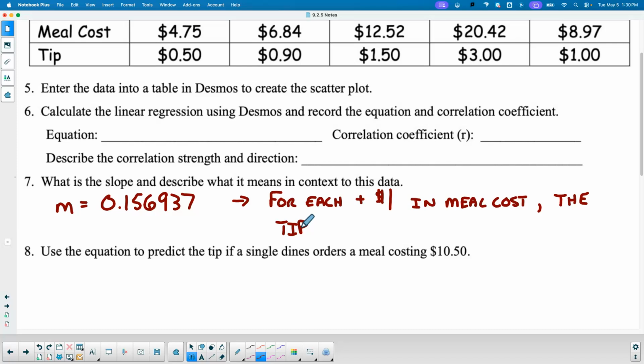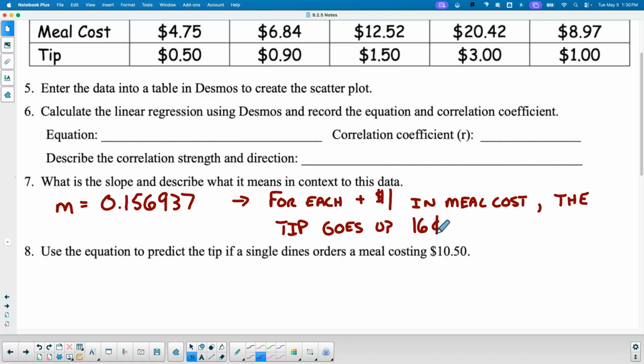Up by how much? Roughly. I'd go 16 though, right? Round up. Yep, okay. So for each increase of $1 of the meal, your tip should go up 16 cents. Which means what percentage are they tipping? 16%. Yep, exactly.